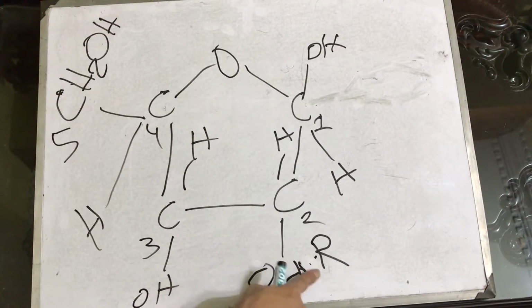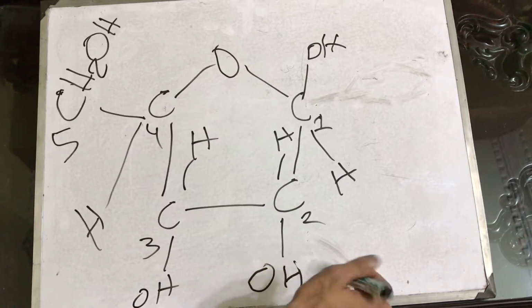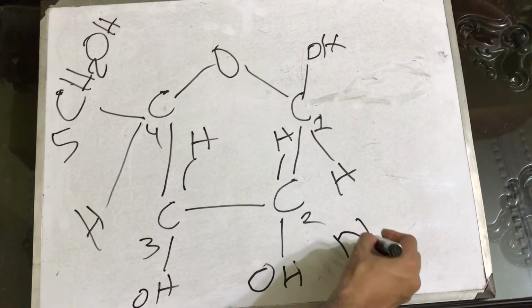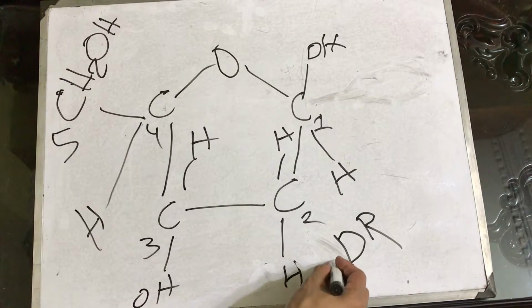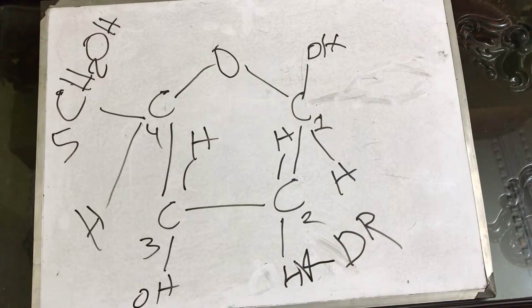Now deoxyribose has this oxygen missing, and that is why it is called deoxyribose. The difference between ribose and deoxyribose is in carbon number 2. And we will also know that in carbon number 1 the base is attached.